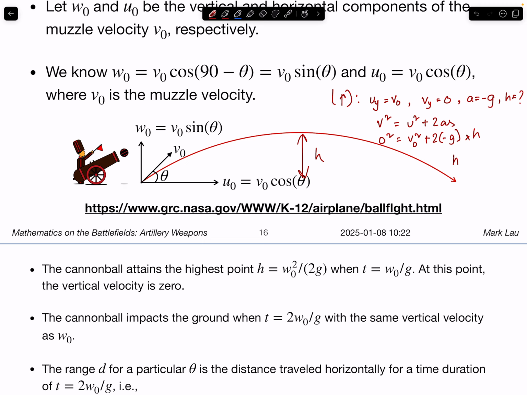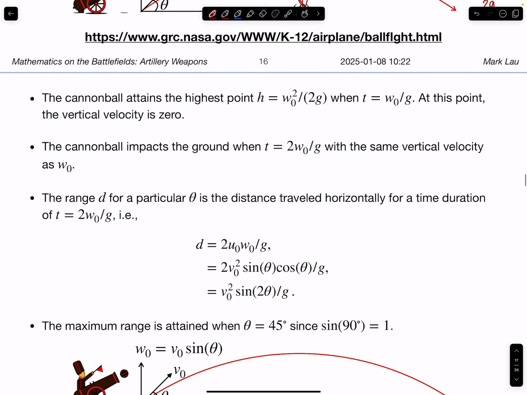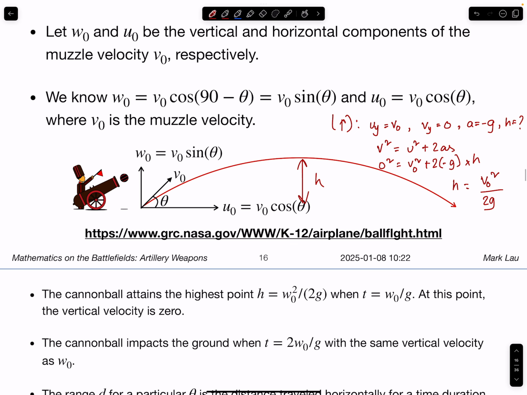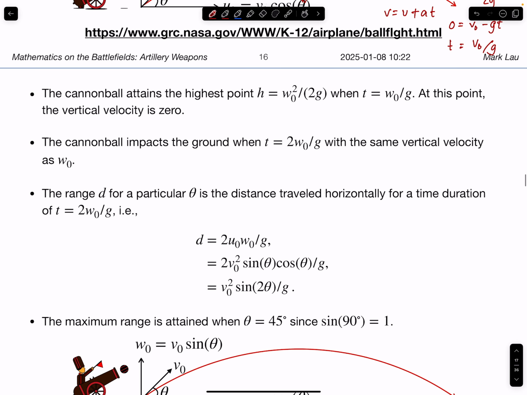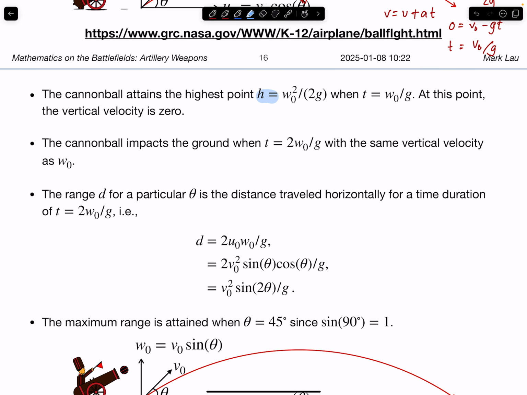So h is equal to v naught square divided by 2g. Yep. And the time: v is equal to u plus at, so 0 is equal to v naught minus gt. So t is equal to v naught divided by g. Okay, so the two formulas are derived.